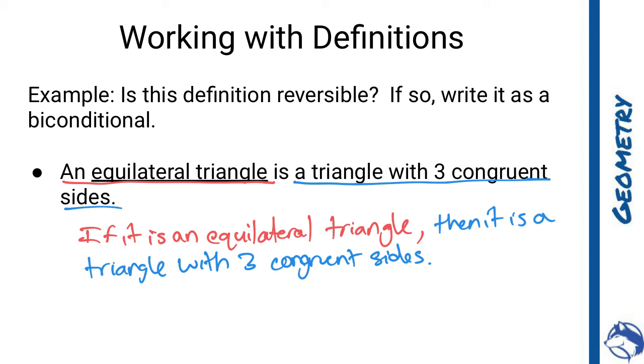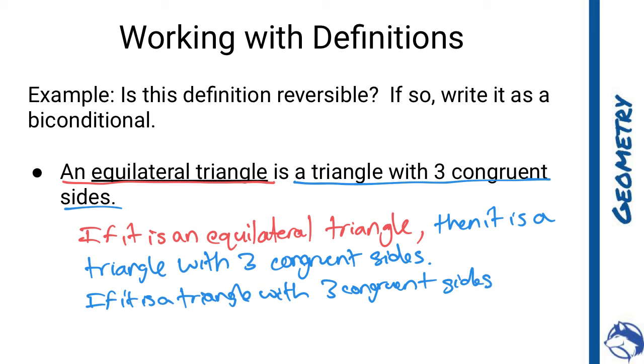Now I've got to try the converse here. So if it is a triangle with three congruent sides, then it is an equilateral triangle.